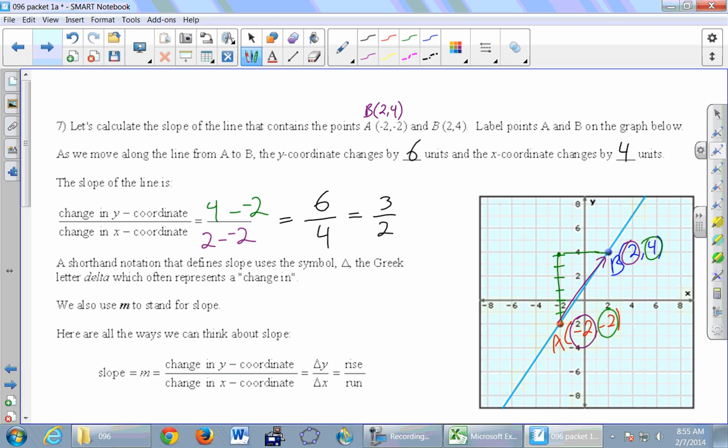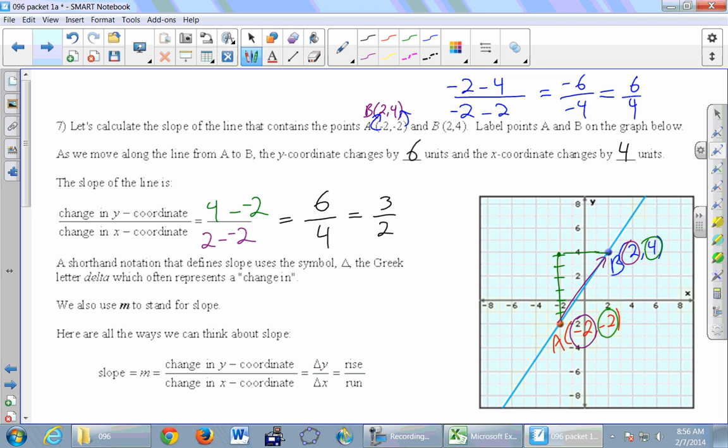What if I did upstairs -2 minus 4 going this way, and then downstairs -2 minus 2 going this way? What do we get upstairs? -6, downstairs -4, but what do you know when you have two negatives with the division? They cancel. And so we're left with the same 6/4 that we got before. So it makes no difference which order you subtract in.